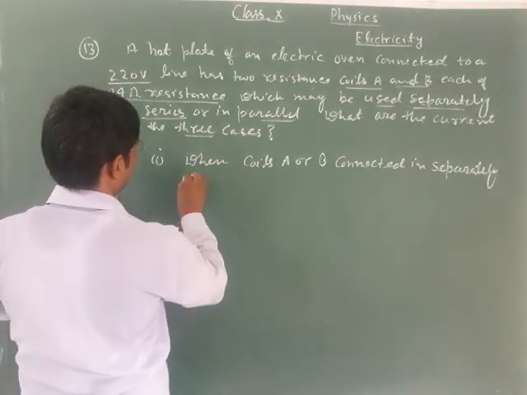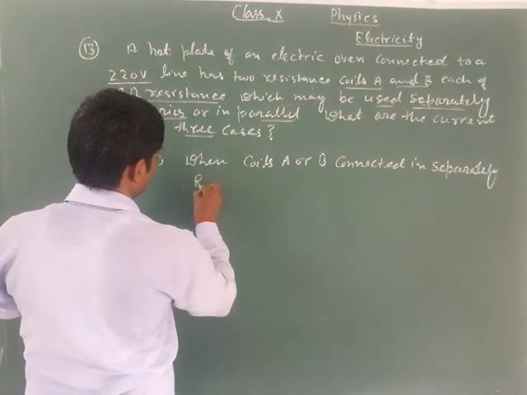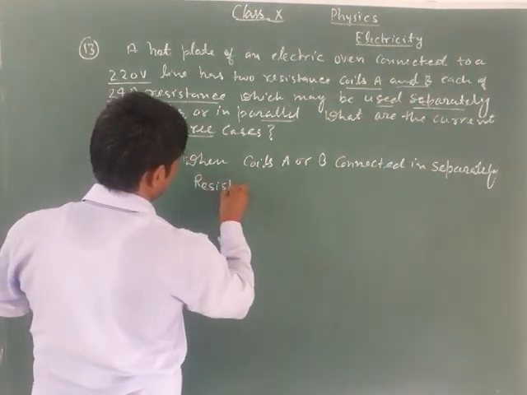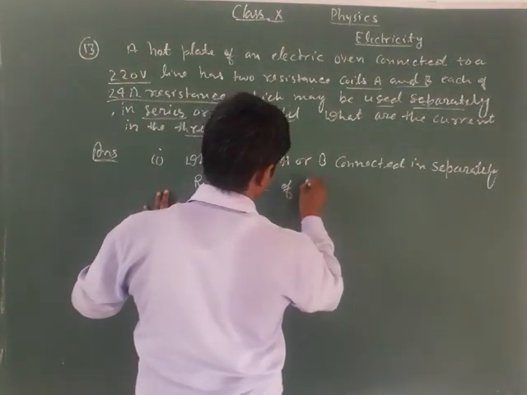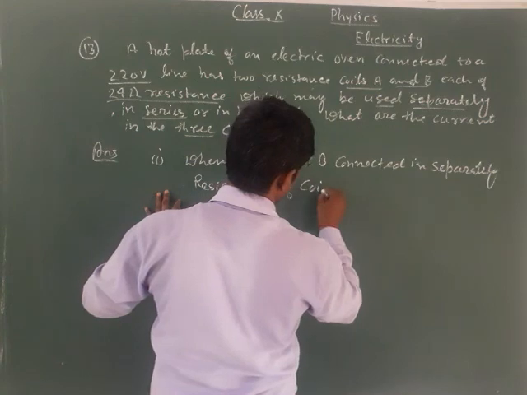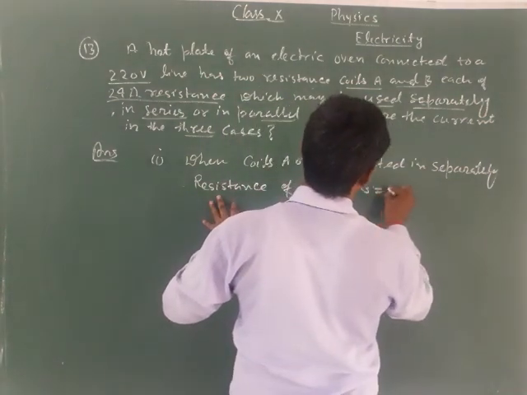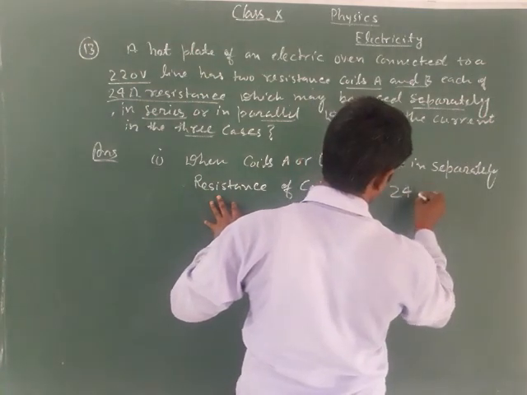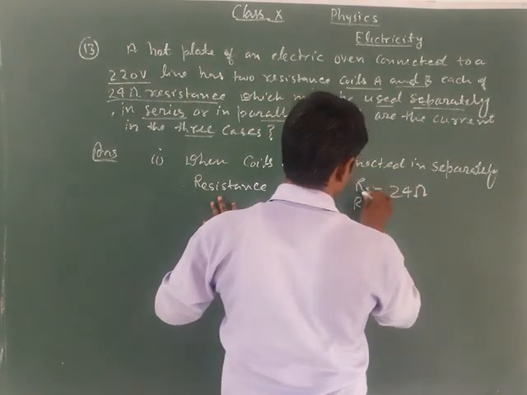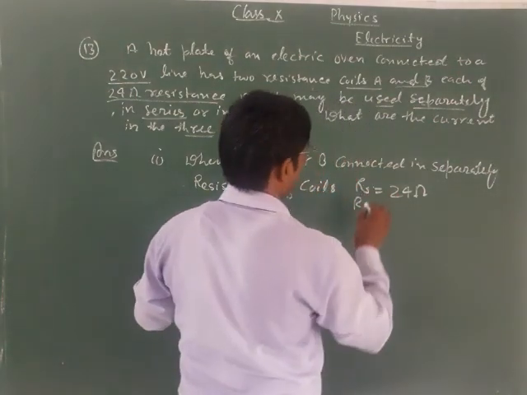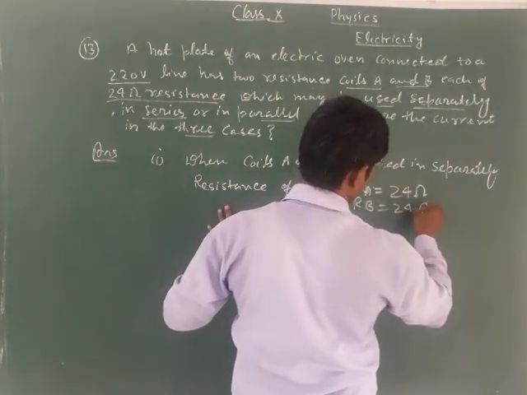The resistance given of the coils, let RA and RB is equal to 24 ohm.